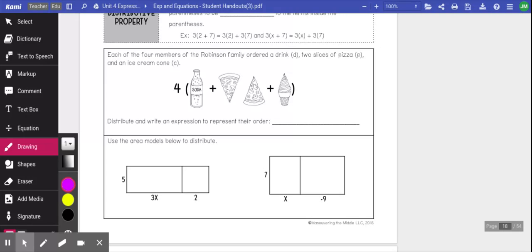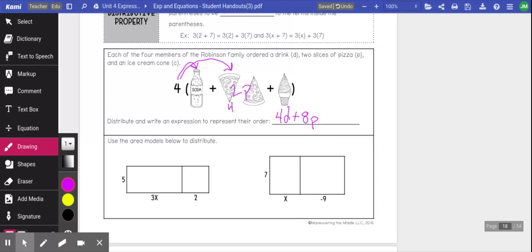So then when I go ahead to distribute this, I would be 4 times the sodas. So when I wrote this, it would be 4 drinks. It would be 4 times 2 slices of pizza, which actually equals 8 pieces, right?